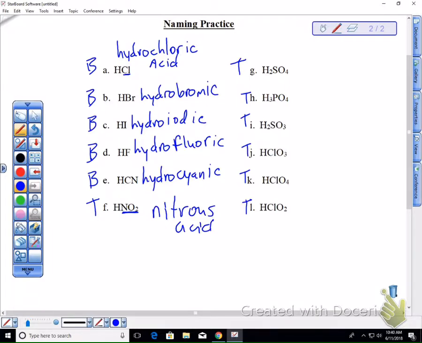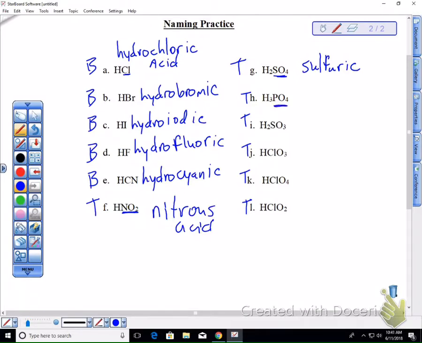So nitrous acid. Let's go to G. SO4 is sulfate. So the root, I mentioned on the previous screen that sulfur and phosphorus kind of expand when they change. So instead of just sulf, we're going to expand it to sulfur. Ate becomes ic. So sulfuric acid.